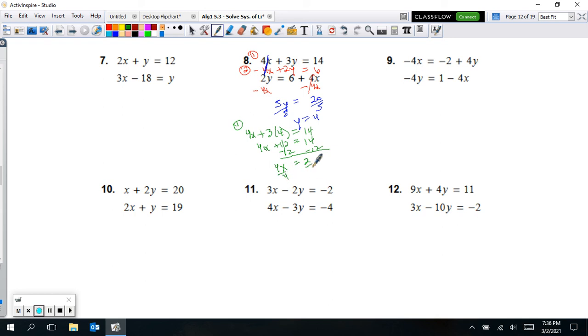And when I divide by 4, I get 2/4. So x is equal to 2/4, but 2/4 can reduce. So we can cross this out. 2 becomes a 1, 4 becomes a 2, 1/2. So x is 1/2. This has got a fraction as an answer here. So x is 1/2, and the y is 4.